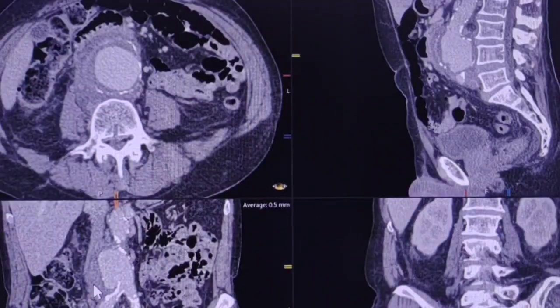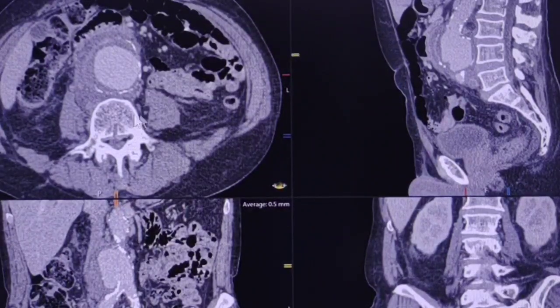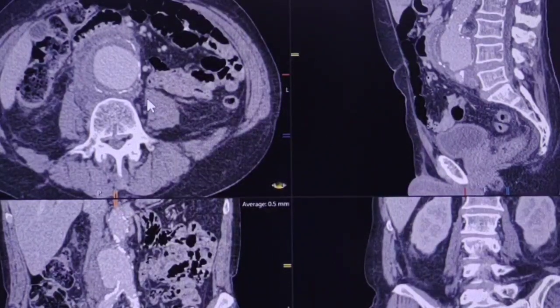It is worth noting that there is no diffuse large retroperitoneal hematoma. There is no significant irregularity of the contours. There is no significant blurring of the retroperitoneal fat, and the contour of the iliopsoas muscles are relatively well defined.